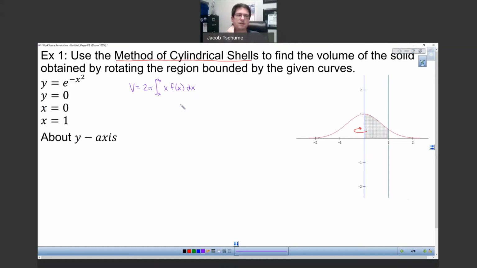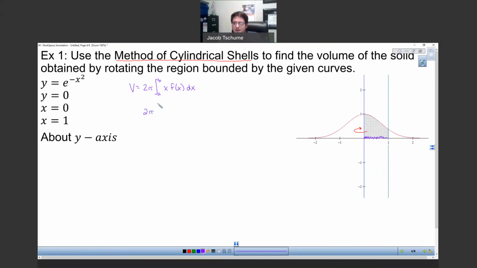The important thing to note is that since we're doing this in terms of x, even though you are rotating around the y-axis, you have to look at the x-axis to see if you need to do a washer method. In this case, there is no washer method because there's no gap on the x-axis, since we're doing x's. All right, so you can plug everything directly into this problem.